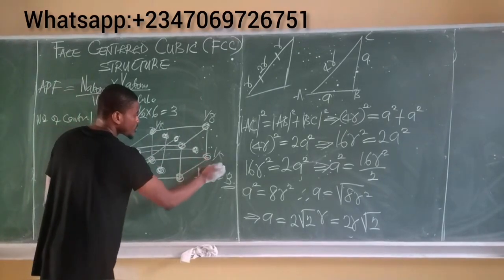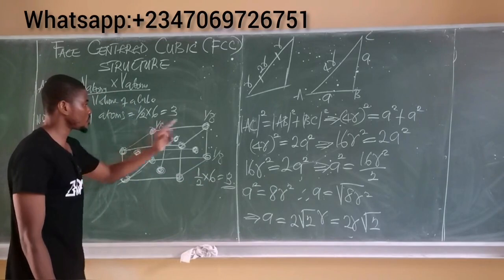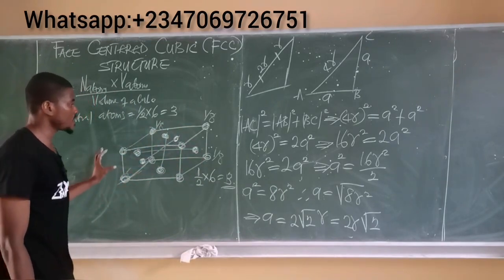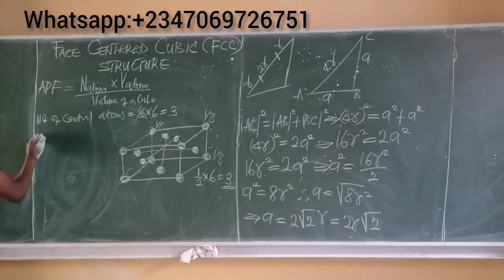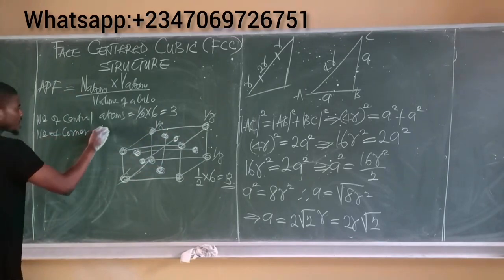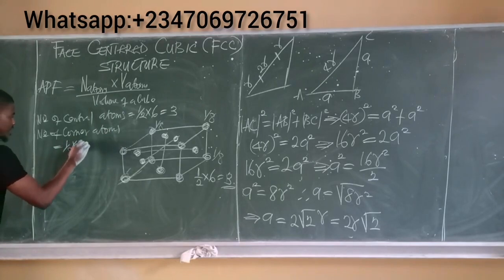The total corner atoms we have here are 1, 2, 3, 4, 5, 6, 7, 8, and each of them contributes 1/8 of its volume. Therefore, the number of corner atoms equals 1 over 8 multiplied by 8, and that is simply equal to 1.